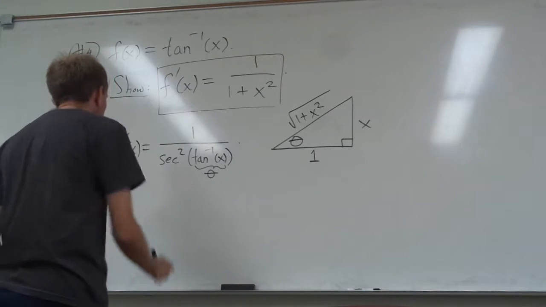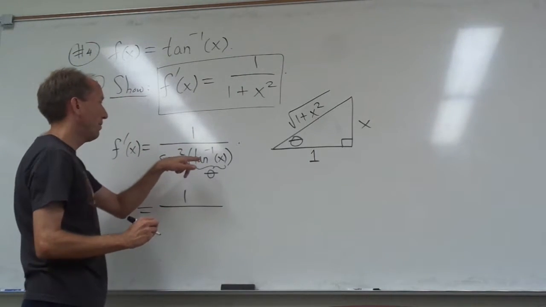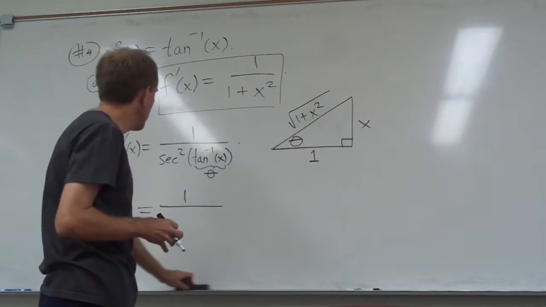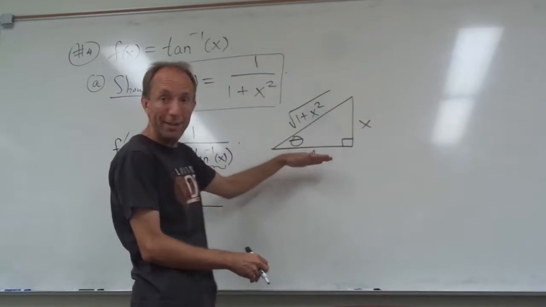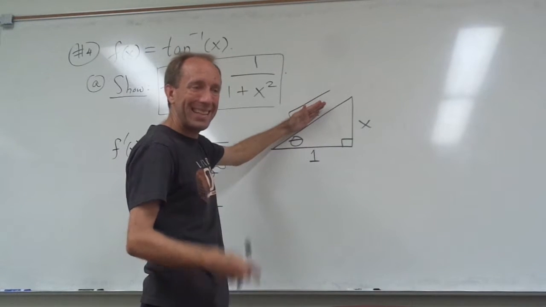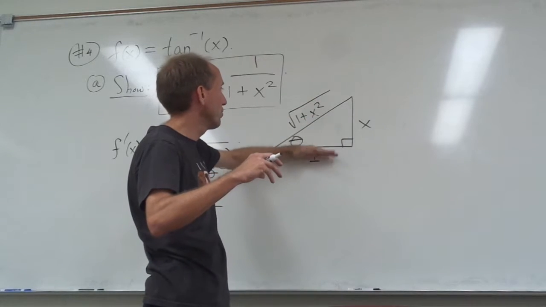So what you're looking at here is the secant squared of theta. The cosine is adjacent over hypotenuse, and the secant is the reciprocal of that, so it's the hypotenuse over the adjacent.